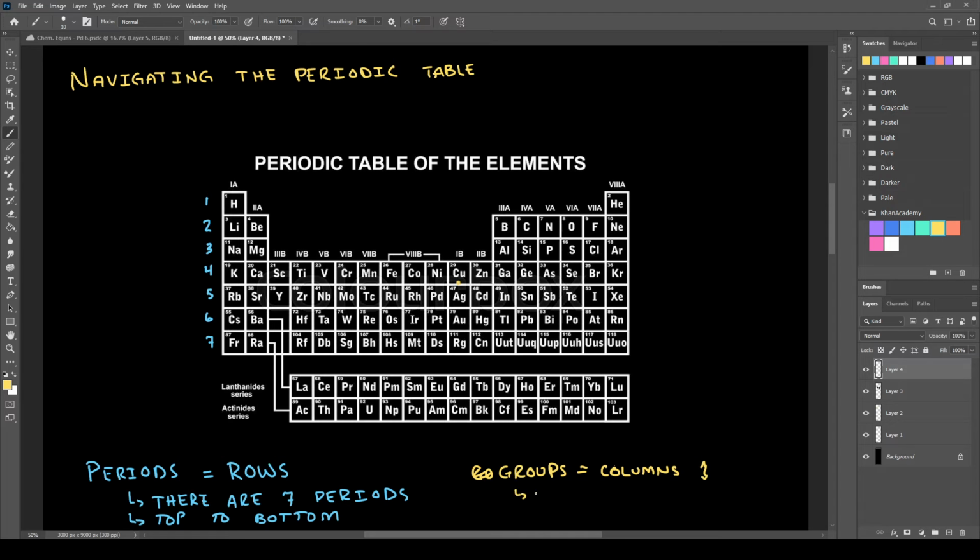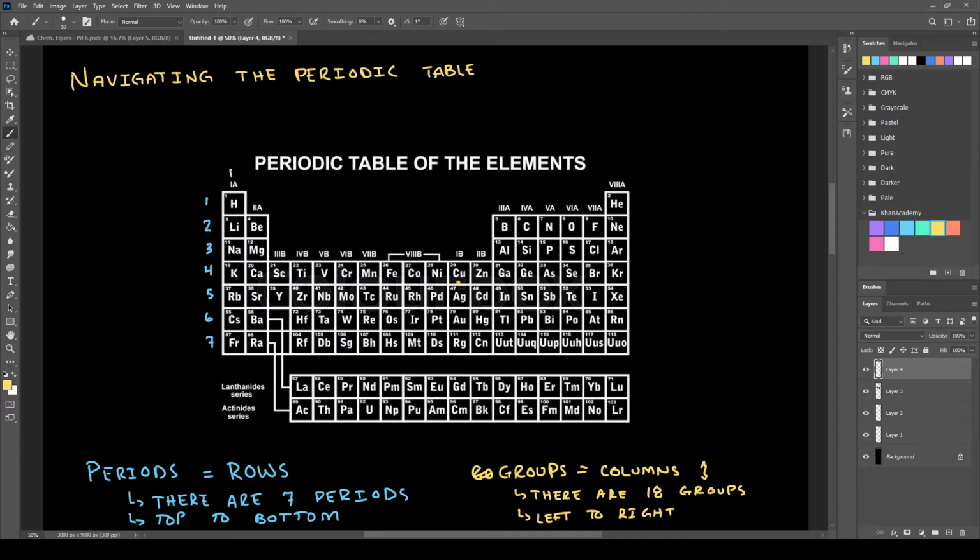There are 18 groups on the periodic table. There's actually a little bit more than that, but for our typical one. And we're going to count them left to right.